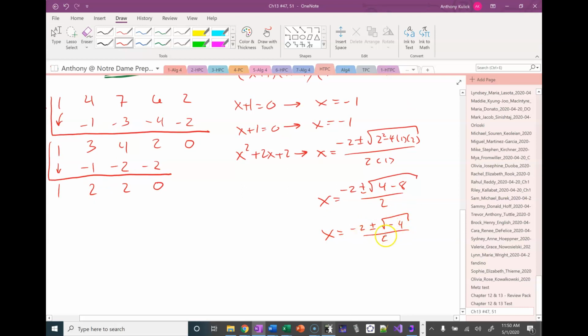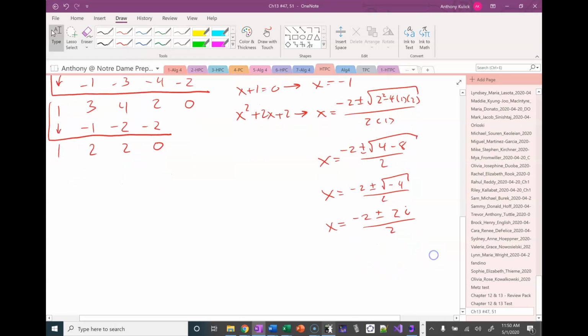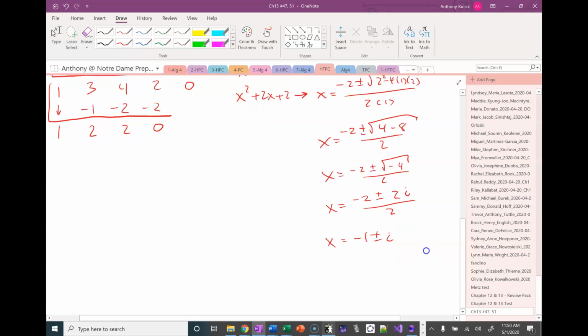And remember that when we're square rooting a negative, that creates an imaginary number. That gives me an i. So that gets rid of the negative sign. And then the square root of 4 is just 2. So I have negative 2 plus or minus 2i, over 2. And notice that both parts of my numerator, the negative 2 and the 2i, are both divisible by 2. So I can reduce this down to negative 1 plus or minus i.